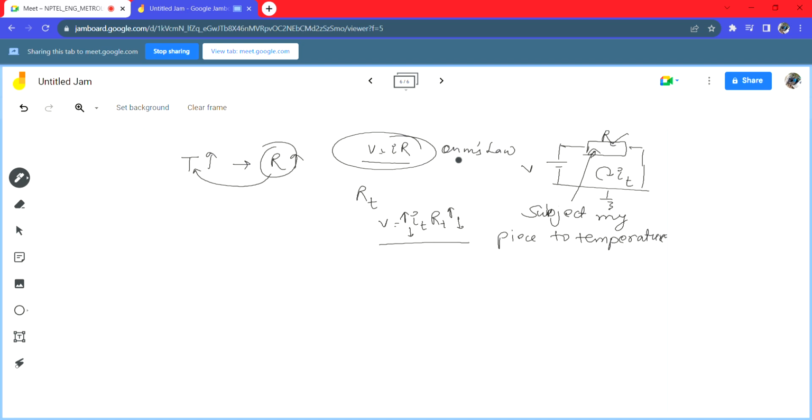So with this change in resistance, we will see a change in the current I in the loop because this voltage V is fixed. Now if we measure this current I, we are actually measuring the change in temperature.